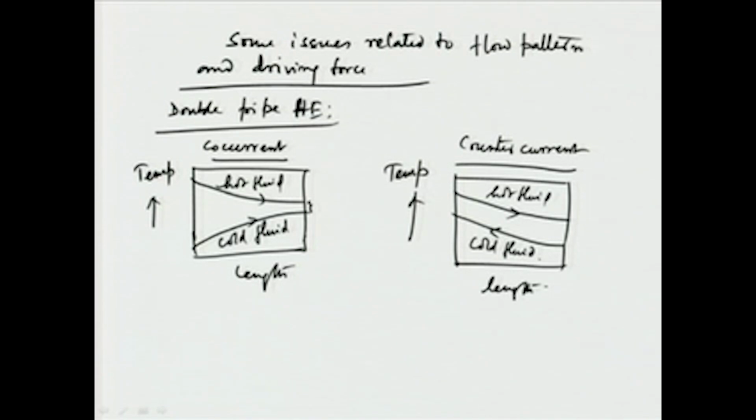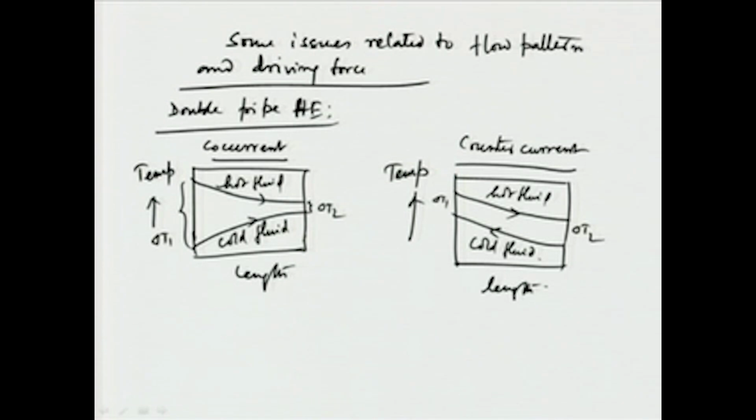Fine. Now, the question is that we can also find out the LMTD, because we have seen that in both cases delta T gradually changes along the length. Here it is delta T1 and this is delta T2. In this case too, this is delta T1 and this is delta T2, as they are gradually changing.